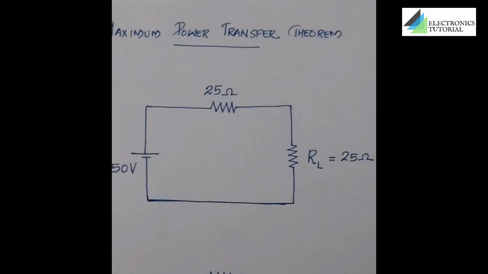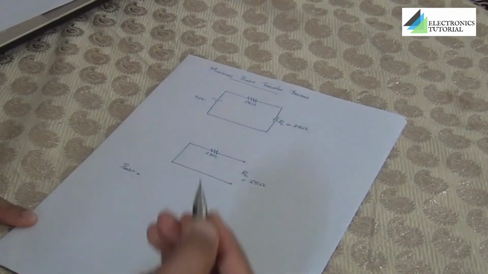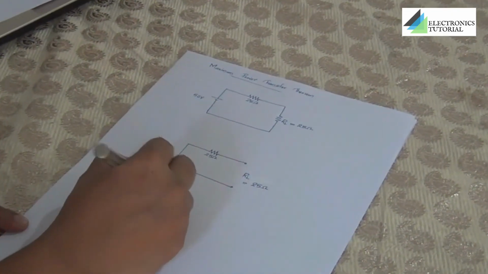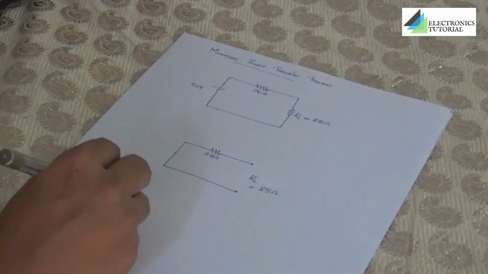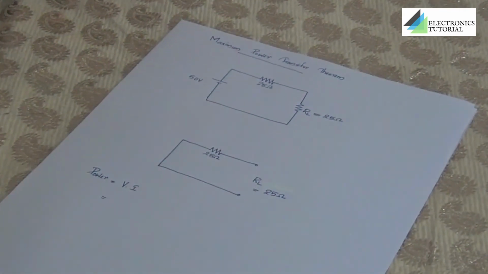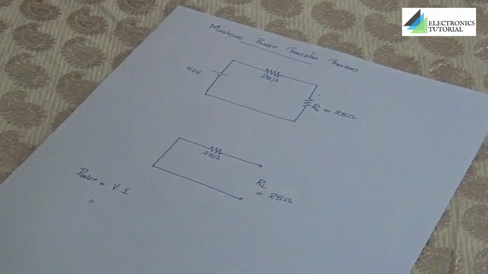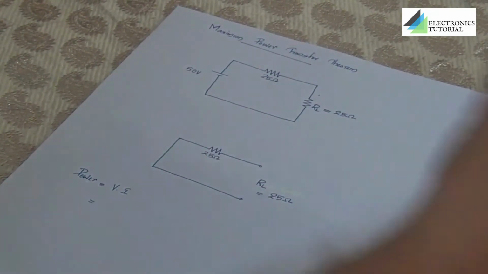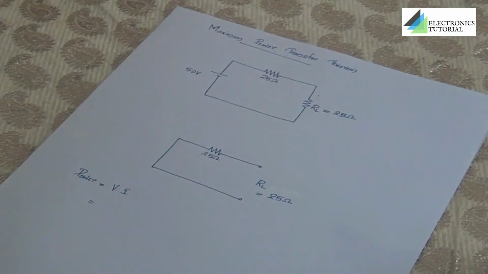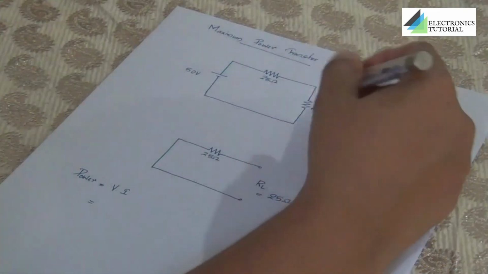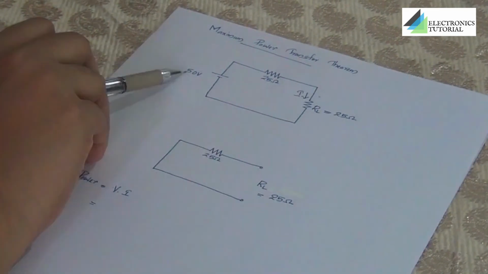Now, if we are asked to get the maximum power, then we'll go for the equation of power. We'll write the expression for power as V into I. We have to find the power at this point. For the equation V into I, both the terms V and I over that resistor are unknown. This 50 volt alone is seen as a supply voltage.